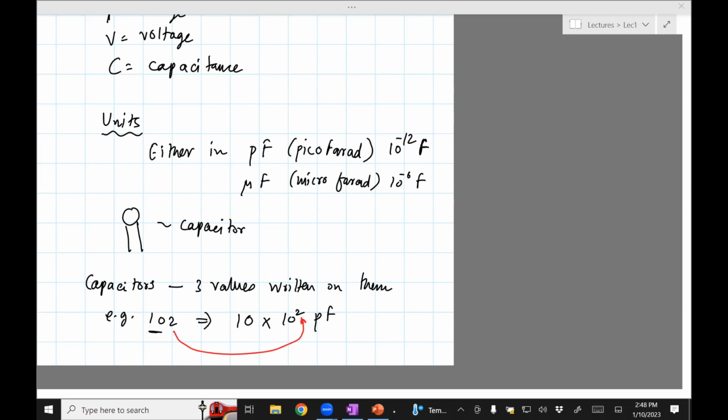Now sometimes you see that a capacitor doesn't have three numbers, it only has two numbers. If it has two numbers, then you should assume that the third number is 0.